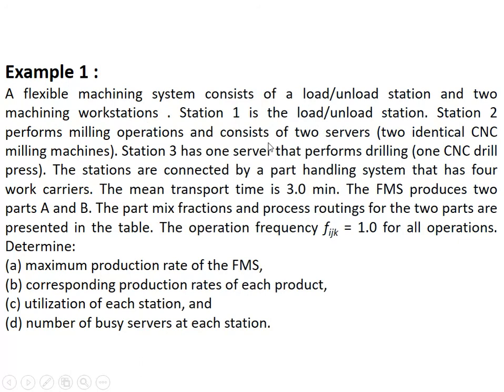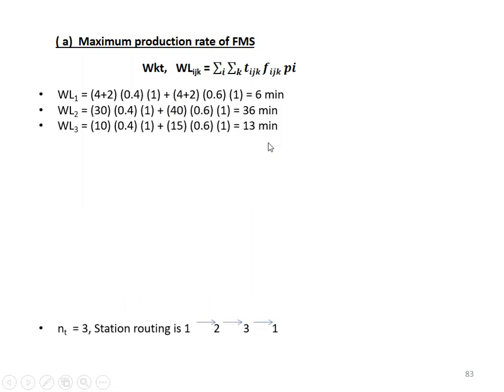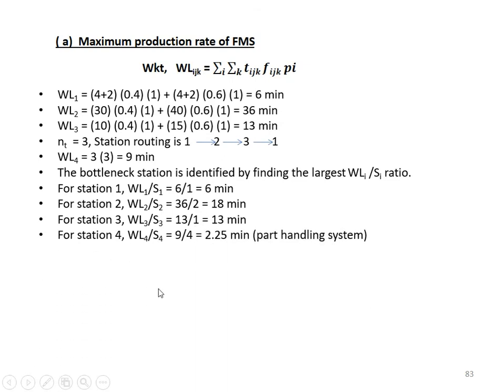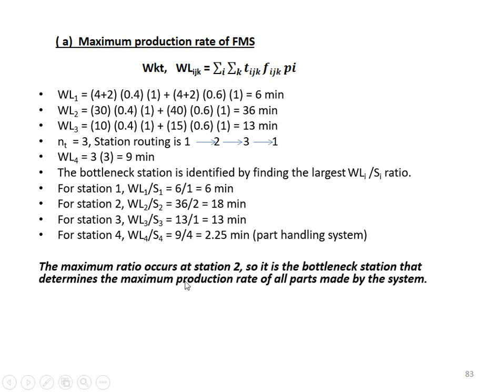You can refer over here, where station 1 has only one loading and unloading, station 2 has two servers, and station 3 has only one. Station 4 has the four-carrier part handling system, which is this 1 2 3 1. In this way we'll calculate, and the maximum ratio occurs at station 2 because it is the maximum value we got. Now we can tell that the bottleneck is there.